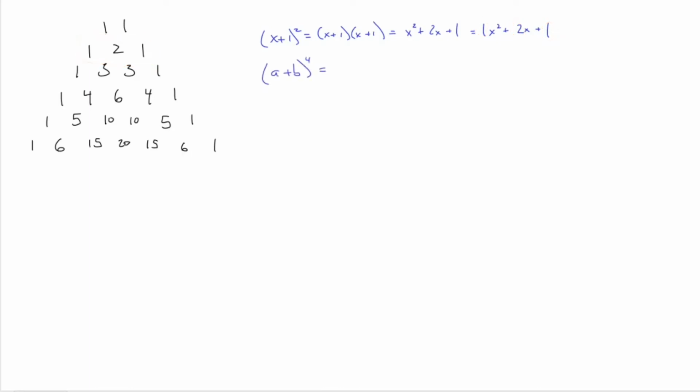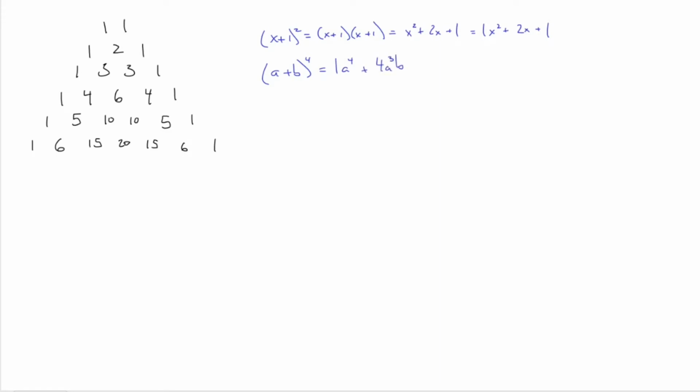But more generally, suppose we wanted to compute a plus b to the fourth, whatever a and b are. Well, we'd look at the fourth row of Pascal's triangle. That's where the coefficients will come from. And the first term will be 1 times a to the fourth.